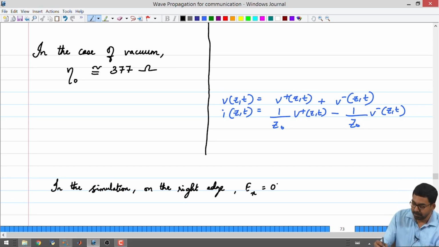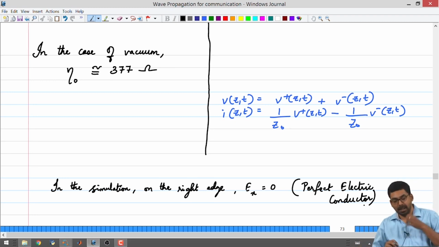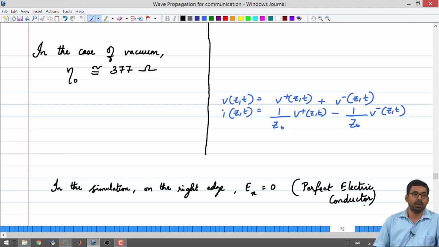Ex is equal to 0, all right, means that there is no electric field present in that location. Okay. In other words, there is no electric field present in that location, and we call this a perfect electric conductor. Okay. In the case of transmission line, you would have had V equal to 0, V equal to 0 was equated to a short circuit. Okay. In this case, you call it a perfect electric conductor.